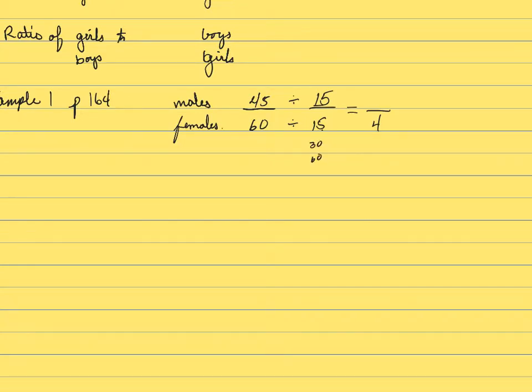That's the way I look at it anyways. Whatever works for you. And then 15 and 15 is 30, that's 2. Then one more is 45, that's 3. So the ratio of males to females is 3 to 4, or 3/4. So it makes it an easier number to work with.